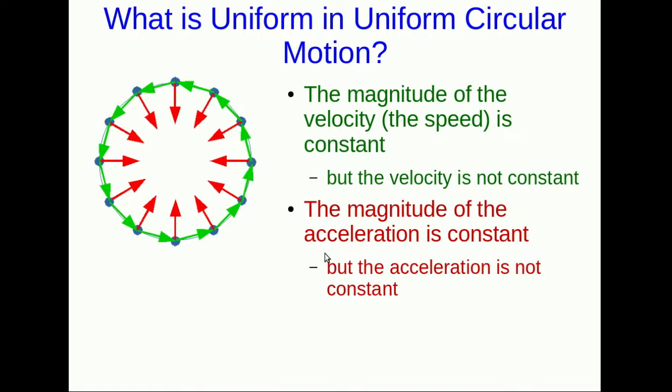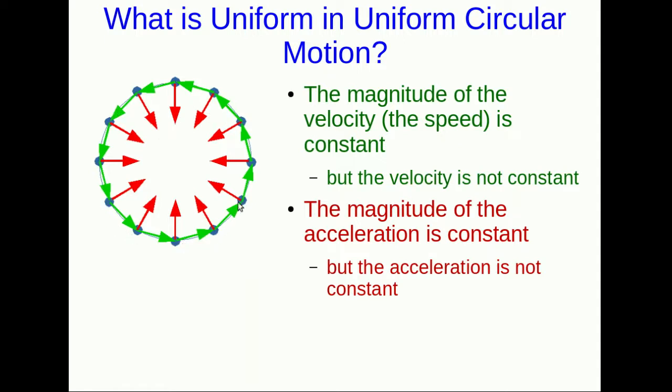So we've just seen how to show that the acceleration points straight in. Also, because these speeds are constant all the way around, all of those vector subtractions result in the same magnitude of the acceleration. So now we have to be very careful about some terminology. The magnitude of the velocity, okay, and the magnitude of an instantaneous velocity is just the speed, that's constant. But the velocity itself is not constant. Look, it's changing direction.